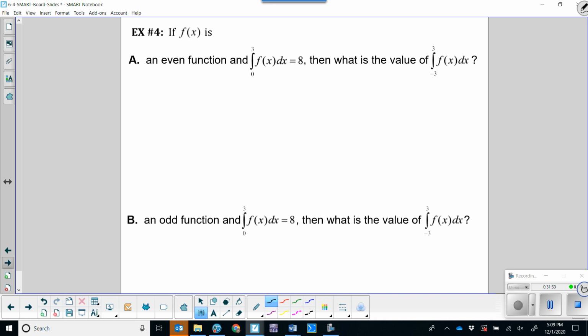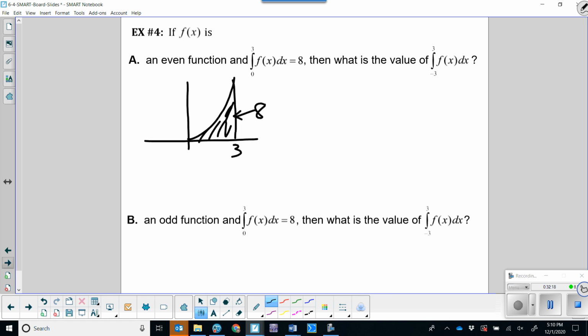So if f of x is an even function, and we know that when we integrate from 0 to 3, our answer is 8. We don't know what the function looks like, and we don't have to know, but we know that it's some function and it's even. And if we go from 0 to 3, this answer right here is 8.